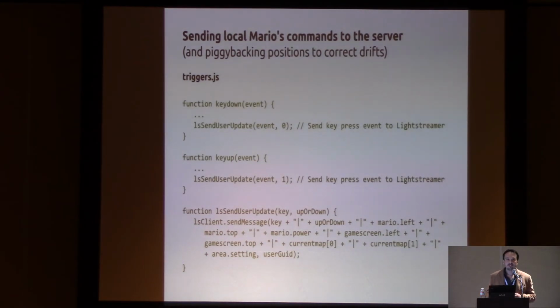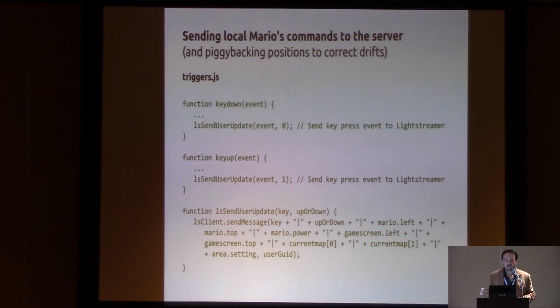But at the same time, we are piggybacking the current positions in order to correct the drifts on the other clients. In this case, the physics engine, game engine, runs completely on the client side. So the server doesn't know anything about the Mario world because it was created as a single player game, so all the logic is on the client side and we didn't want to port it to the server side.